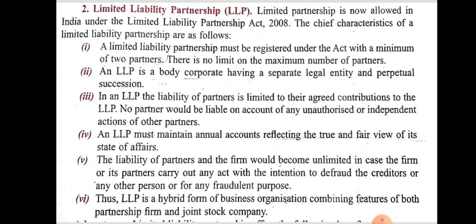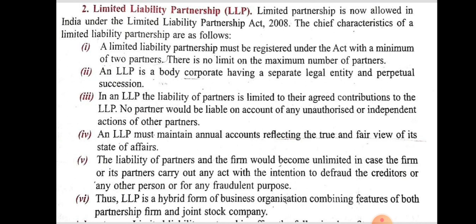So perpetual succession means even if there is death, retirement, or anything in which a partner will leave the firm, still with the addition of other partners, the firm will go on and on. Point number 3, in an LLP, the liability of partners is limited to their aggregate contribution to the LLP.